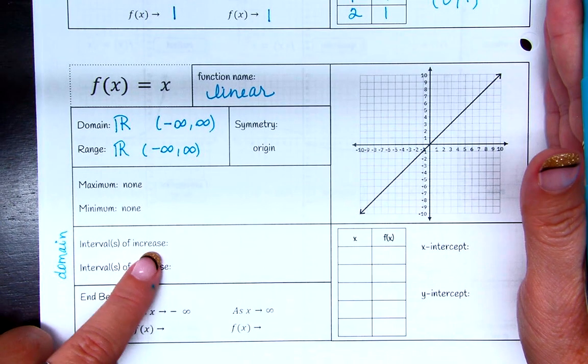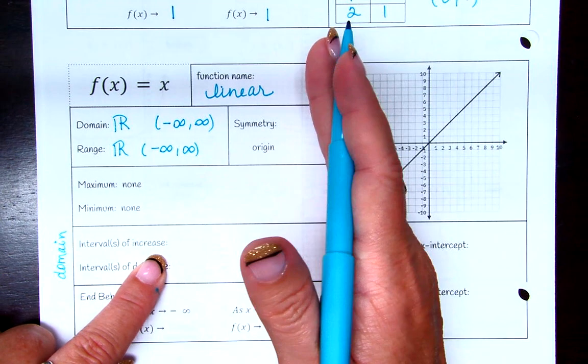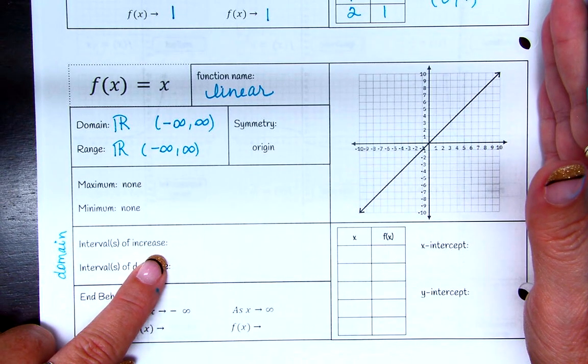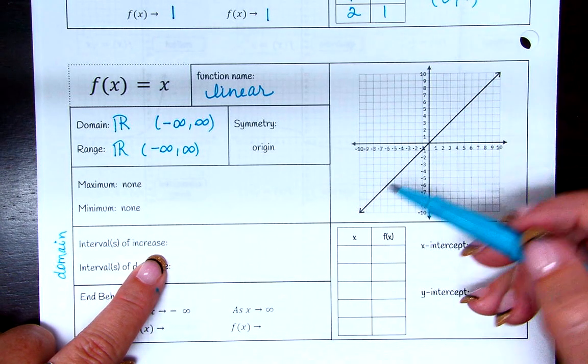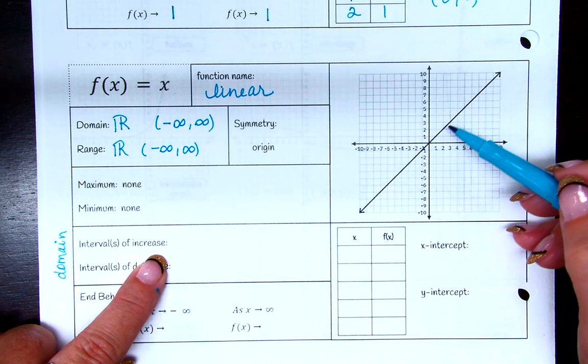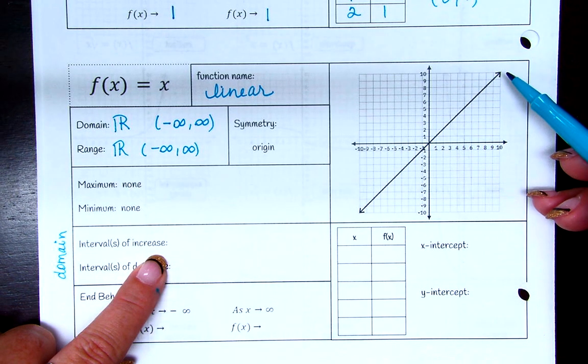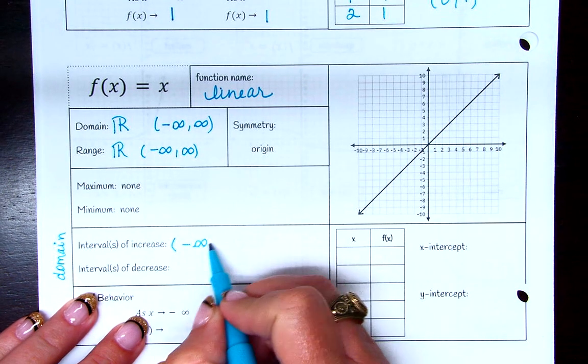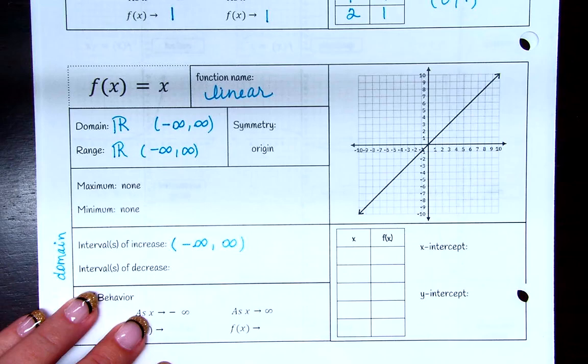Where is it increasing? If I start here and move to the right, where is the graph increasing? Is this increasing? Is this increasing? Is this increasing? So it's increasing everywhere. So if it's increasing over the whole domain, then I write the domain.